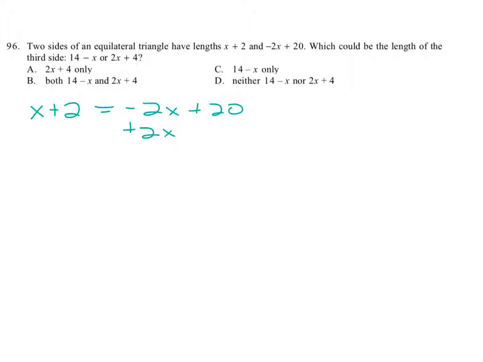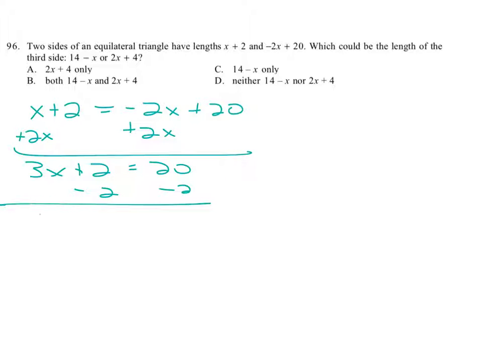Add 2x to both sides. Subtract 2, subtract 2. 3x equals 18. Divide by 3. Divide by 3. X equals 6.